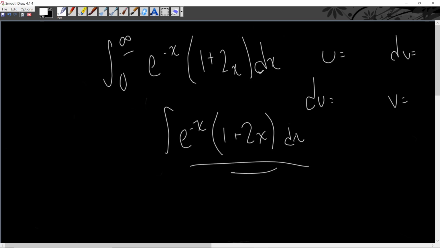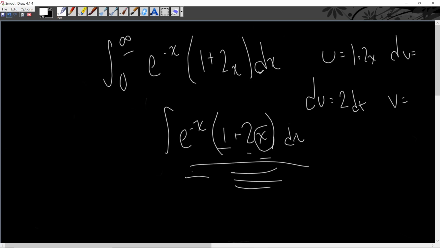I think probably this one. Well, this is, again, a matter of debate. You could say that this one's easy to integrate, and it's not too bad to integrate, but it's a lot simpler to integrate this when you are only differentiating this. As we said, the derivative of x is just going to be 1, the derivative of a constant is going to be 0, so we have 2 times 1 for du. So if we let this be 1 plus 2x, we're only going to be left with 2dx.